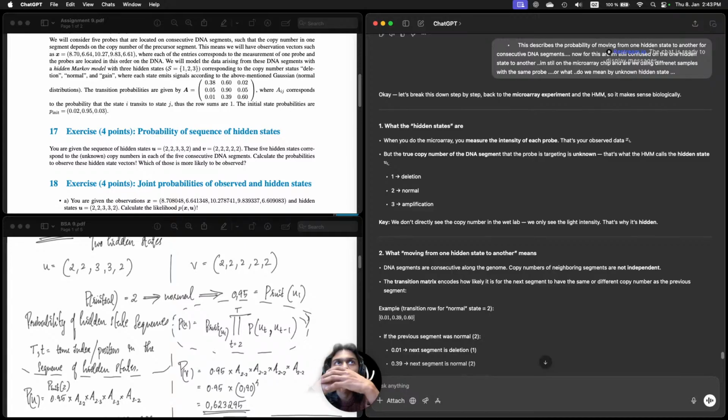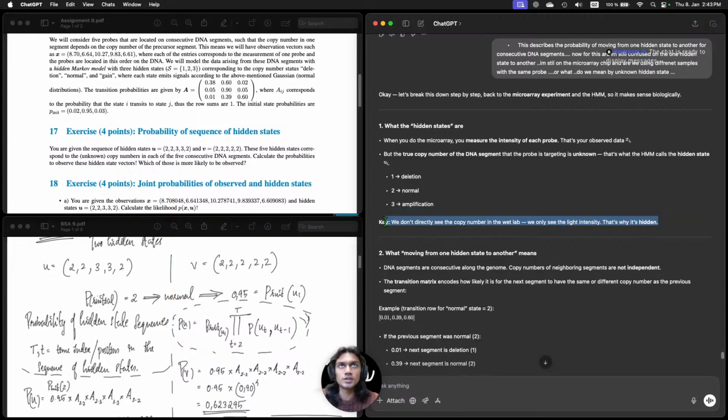We only see the light intensity. That's why it's hidden.